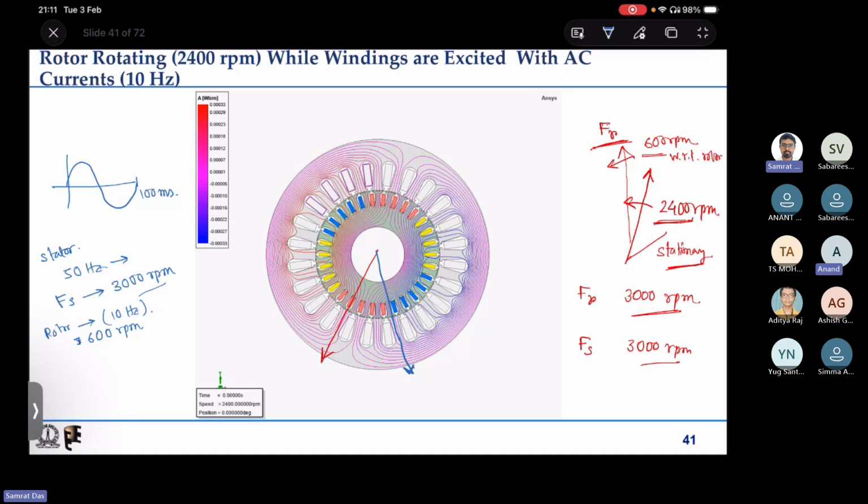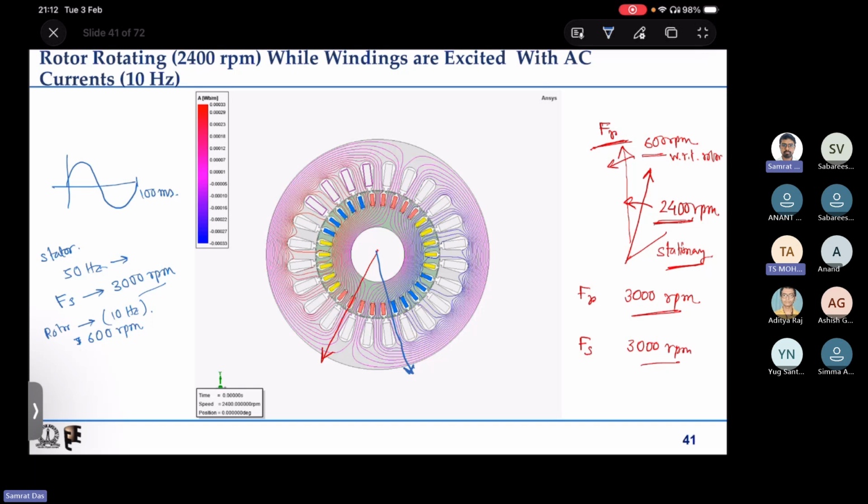So both are relative, and we add them, so that is understood, it gives 3000 rpm. But I'm not getting the linking between 2400 and 10 hertz. No, he is just giving an example, considering it as an induction motor, and then he is explaining all this. He has assumed that the rotor is running at 2400 rpm.